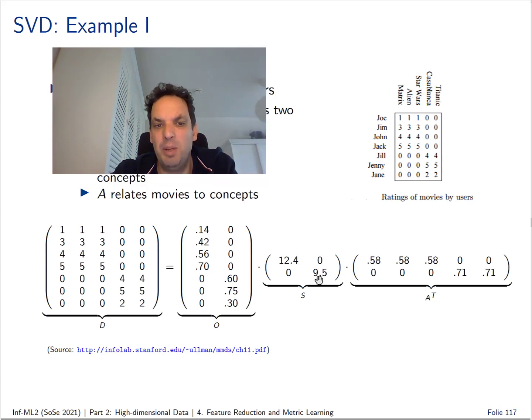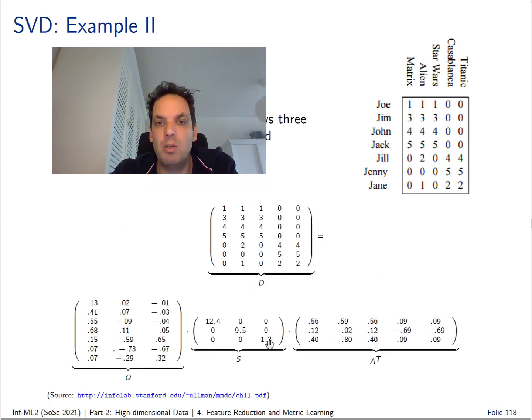A little bit at least, and that is actually displayed here also. And the same holds true here. So the third concept, which is somehow around these two kind of noisy things, has a very low spread, a very low variance actually. And that is displayed here in this quite low value, at least compared to the other values.